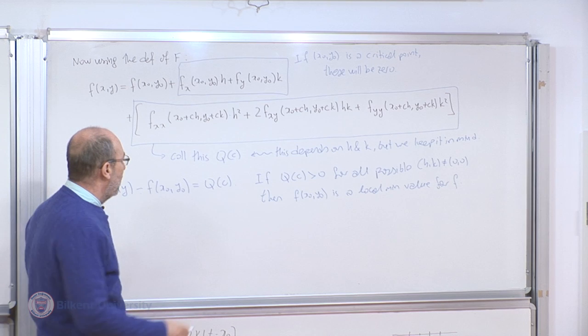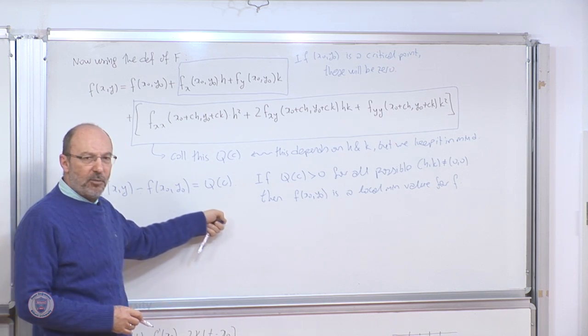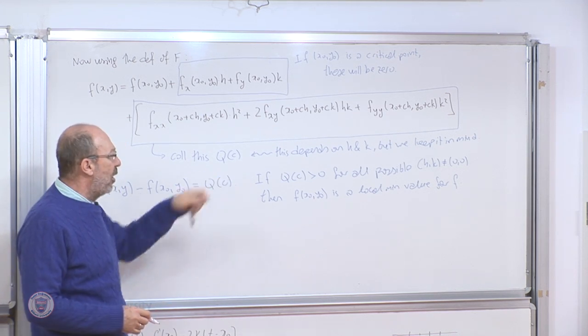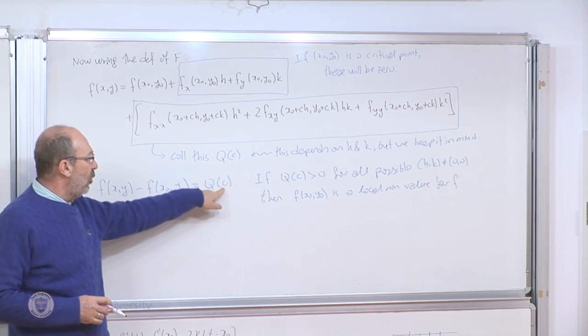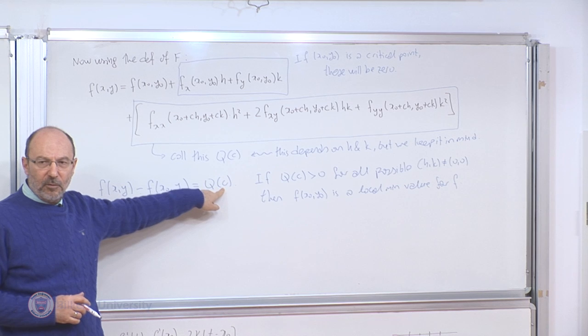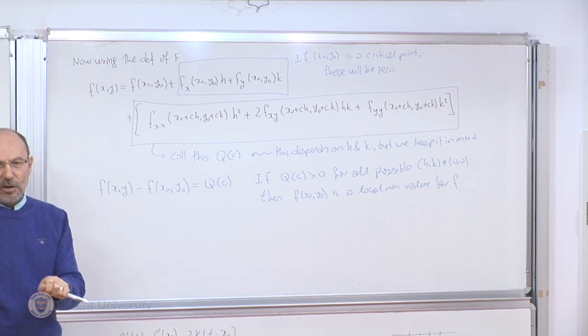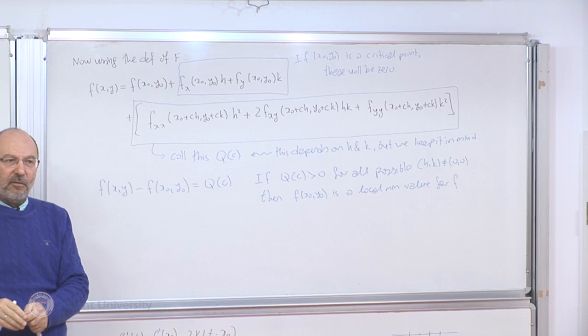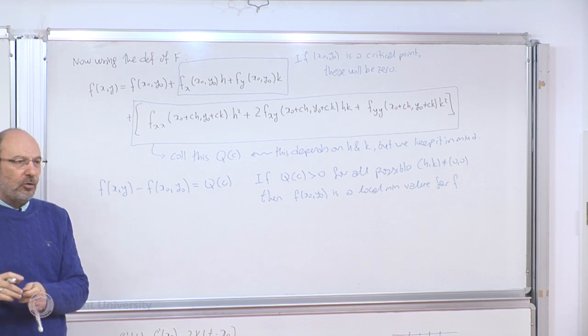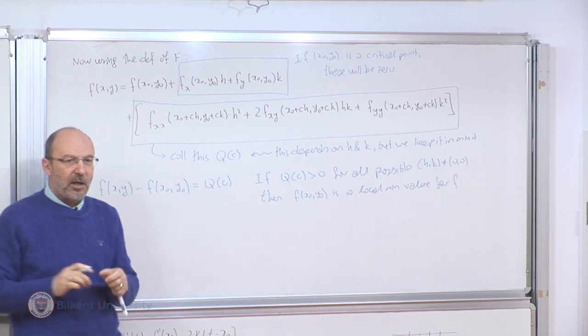In particular, if Q_0 is positive, then by choosing h and k small, I can make all possible Q_C positive. Because if this is the 0 level, and a function is continuous and positive here, if you move a little bit around, it is still positive. It can go down to 0 very fast, but it doesn't go to 0 instantly. Then it would not be continuous.